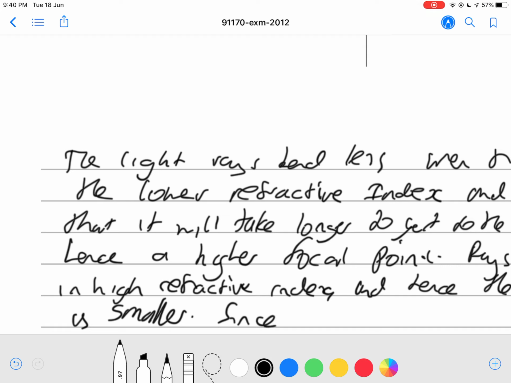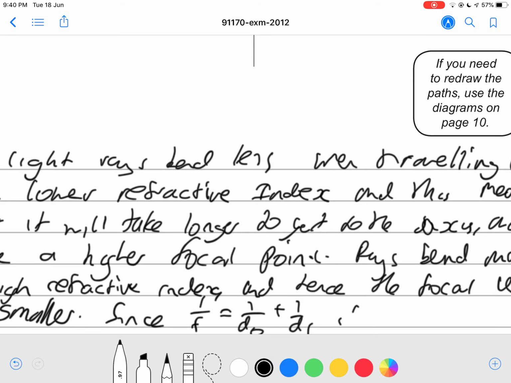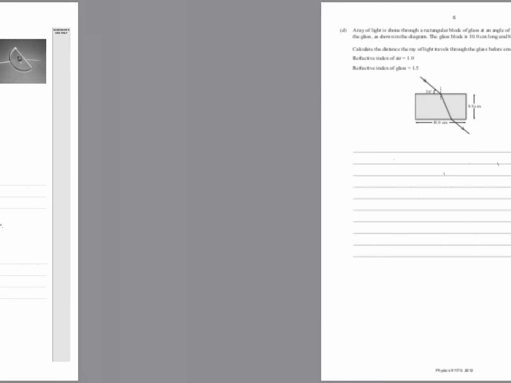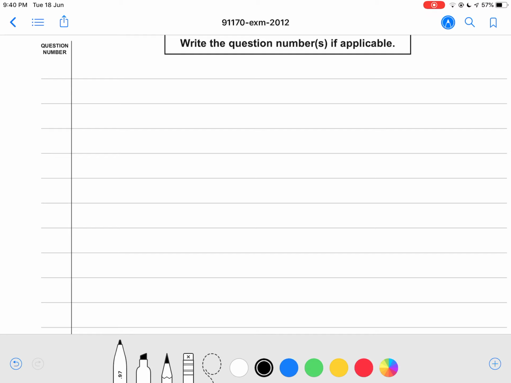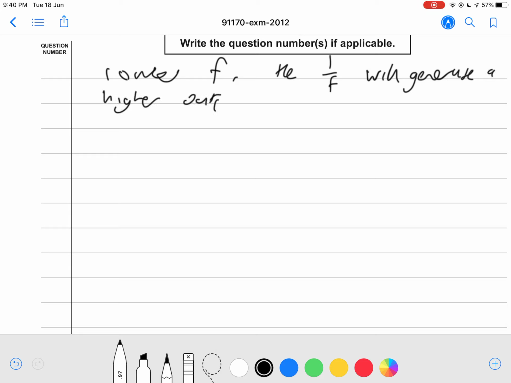Okay, since 1 over f equals 1 over do plus 1 over di, if we have a lower focal point, then 1 divided by f will generate a higher output.